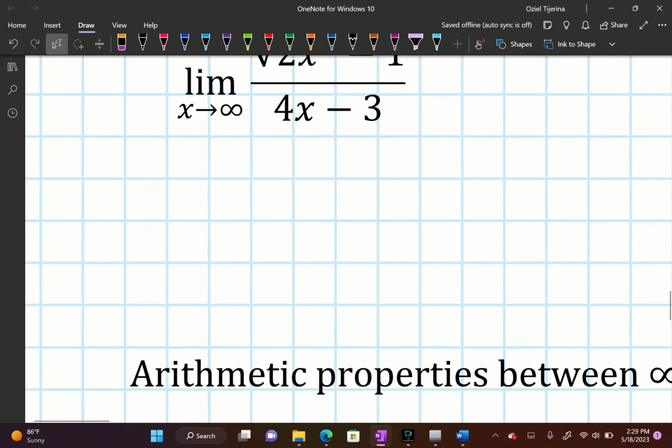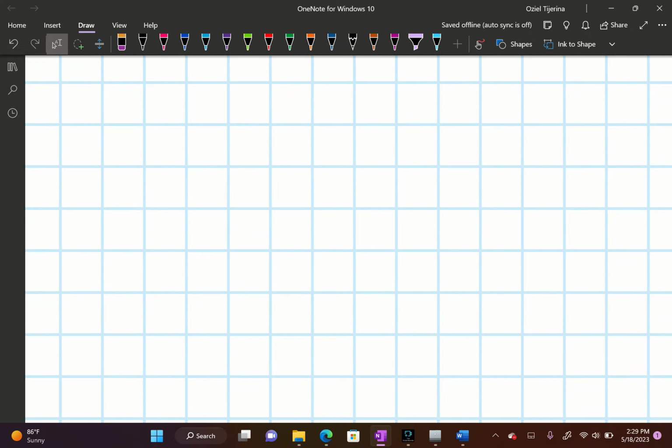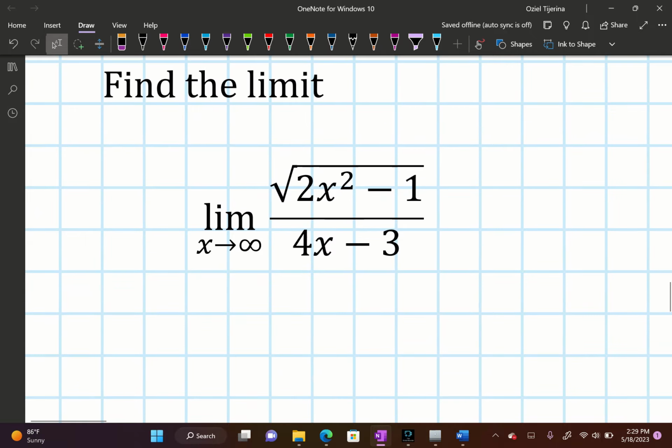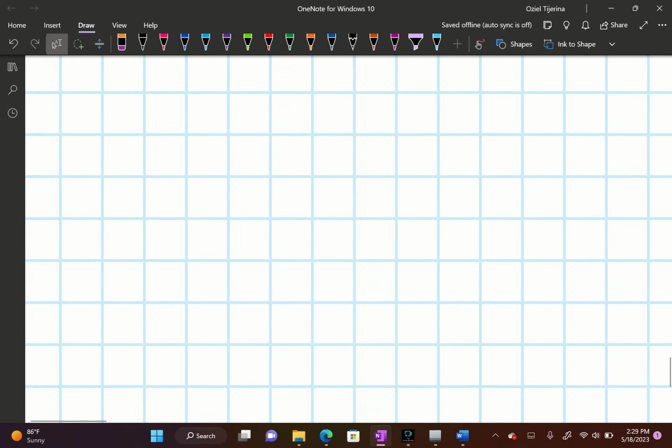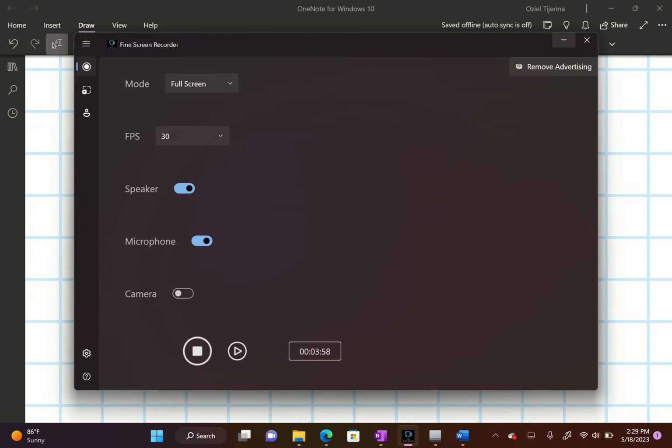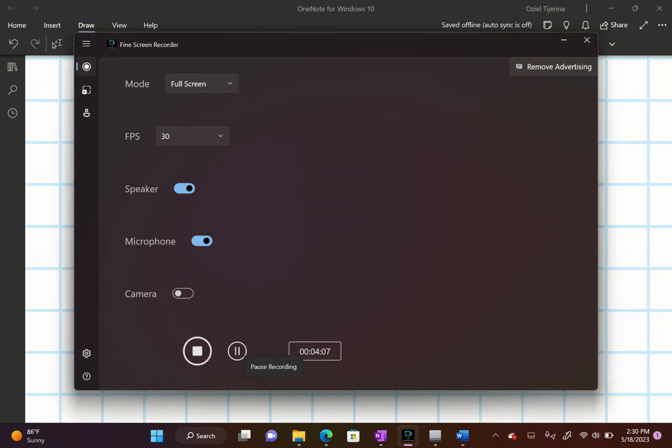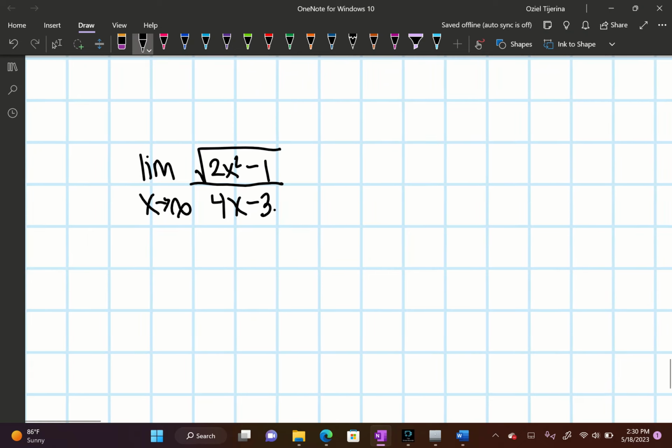So in this problem, I'm going to write down again the limit as x approaches infinity. Give me 1 second, guys. Okay, so we have this problem here, and we're going to find the limit as x approaches infinity of this.